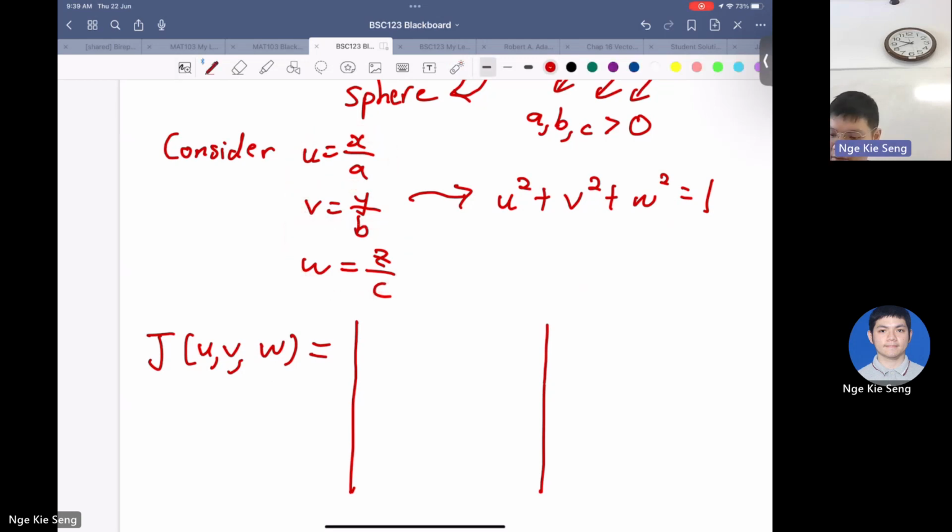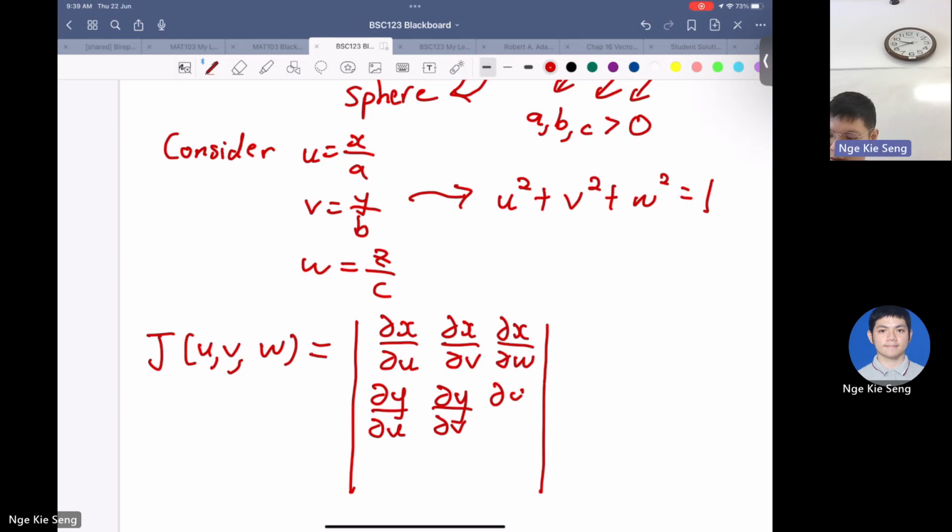So let me write down what we need to compute here. We have dx/du, dx/dv, dx/dw, then dy/du, dy/dv, dy/dw, and dz/du, dz/dv, dz/dw.